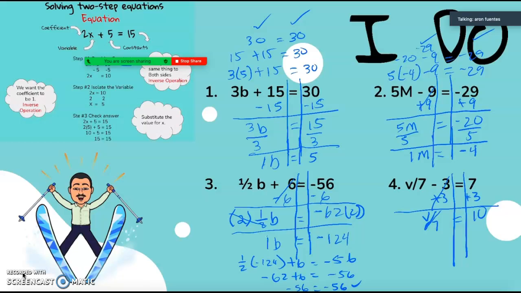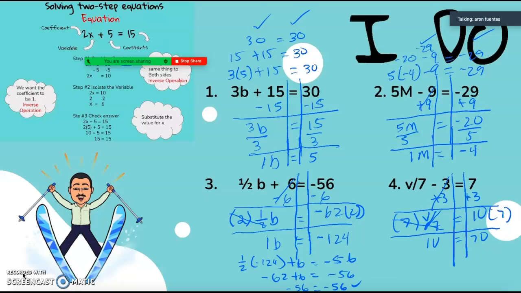Fraction bar is division. Inverse of division will be multiplication, so you multiply it by the denominator, which is 7. That gives me 1v on the left side is equal to 70 on the right side.